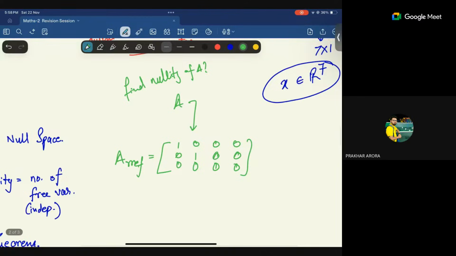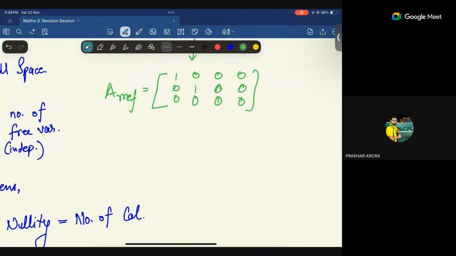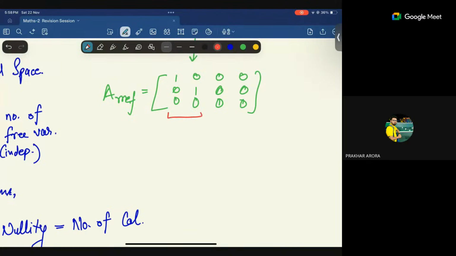What I did, I converted that matrix A into the reduced row echelon form. Here, these two are pivot columns. I hope no one has confusion here.